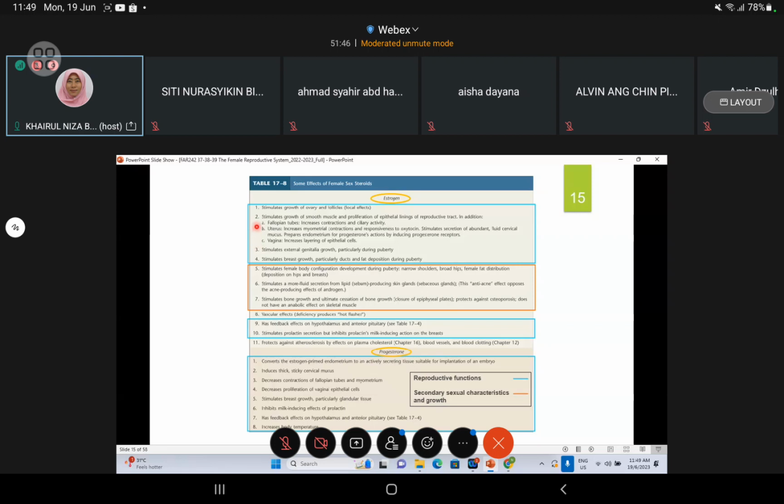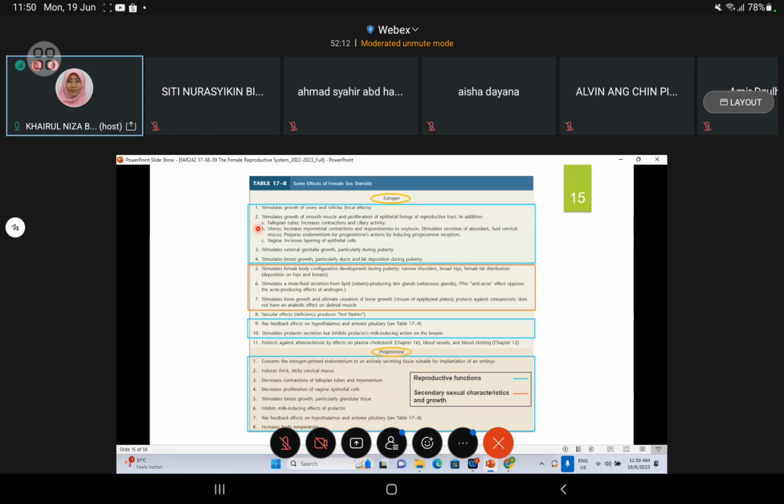So in the fallopian tubes, it increases contractions and ciliary activity. Okay, so during ovulation, the oocyte will be released, and then this will be carried into the fallopian tubes with the assistance of the endocrine function of estrogen. Okay, because it increases contractions and ciliary activity.